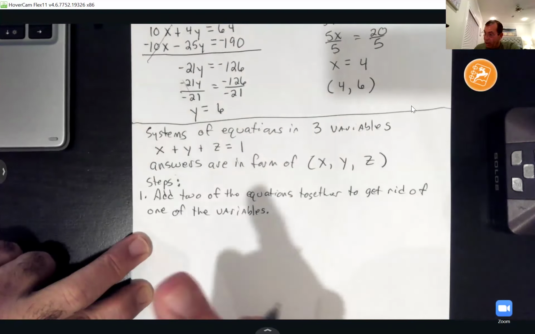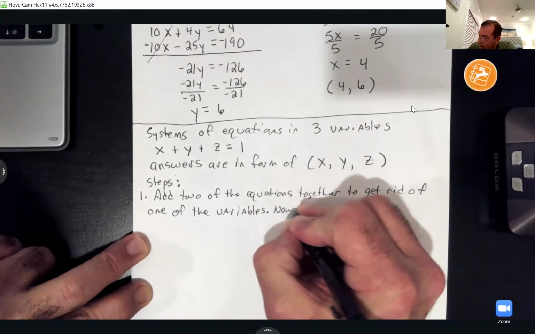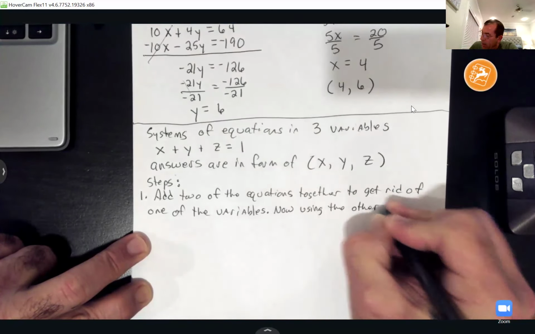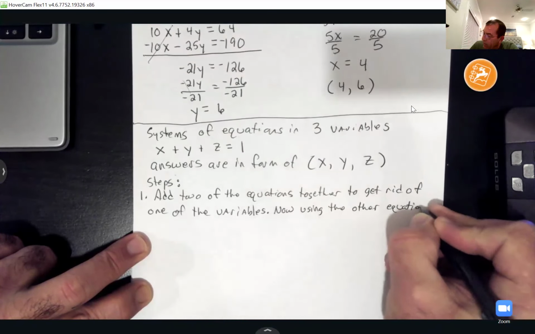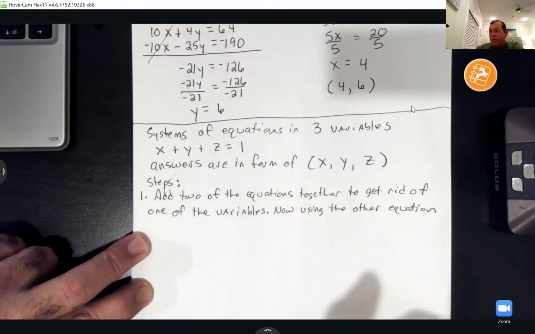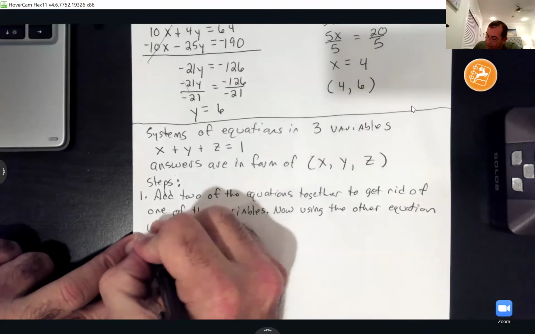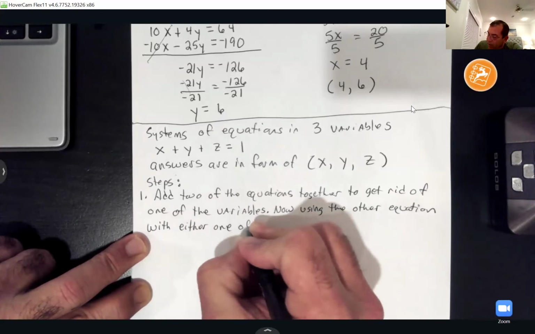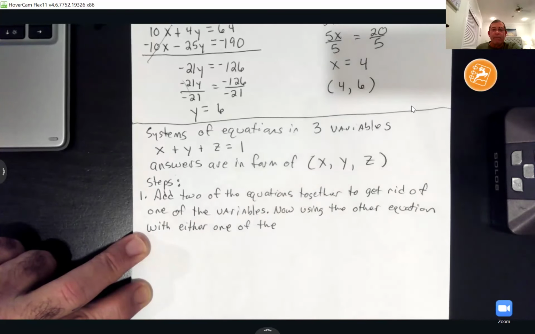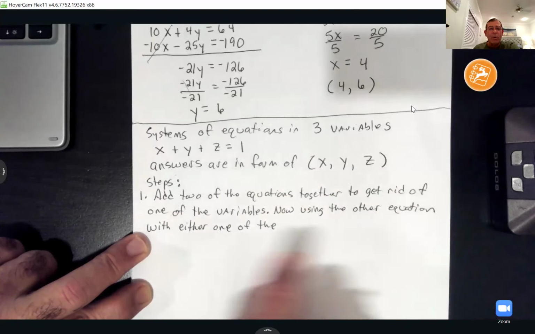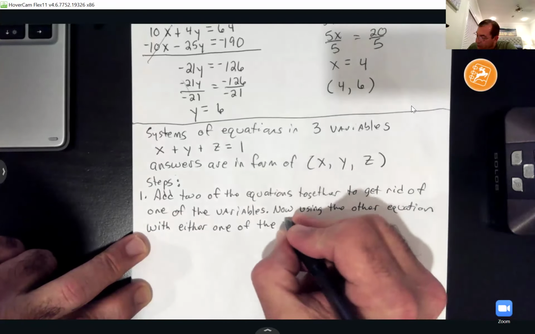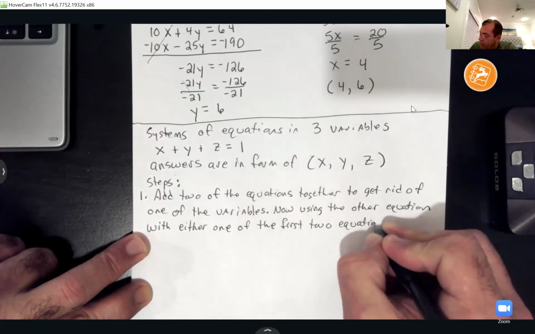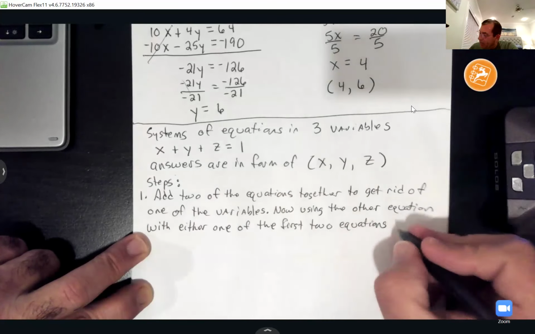Now, using the other equation of the 3, with either one of the first 2 equations, to get rid of the same variable.